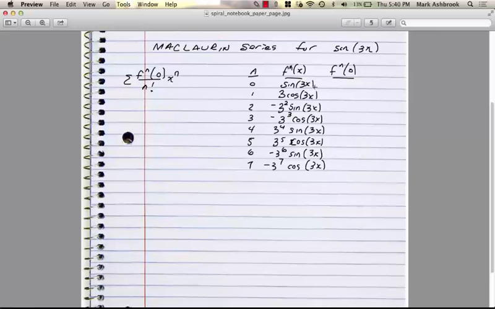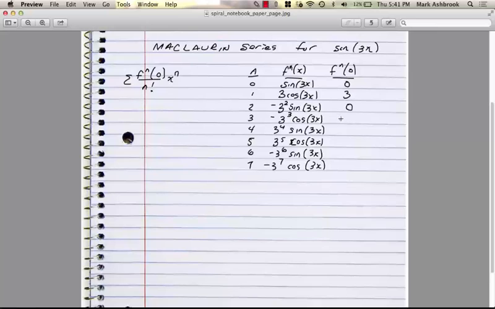All right. And now, what we need is all those values at 0. So from the Maclaurin series, we need those at 0. So sine of 0 is 0. Cosine of 0 is 1, but then we have the 3. Sine of 0.